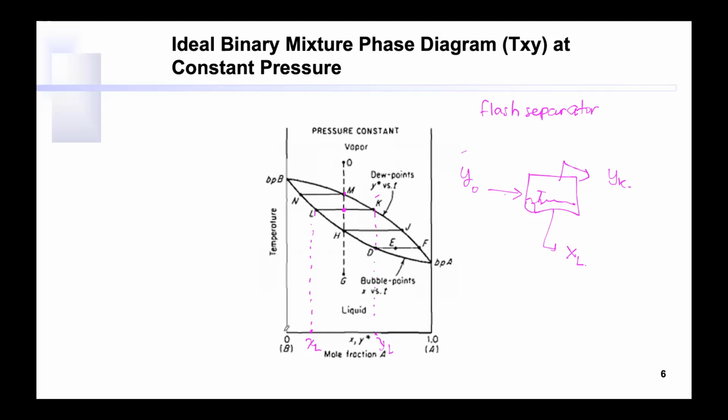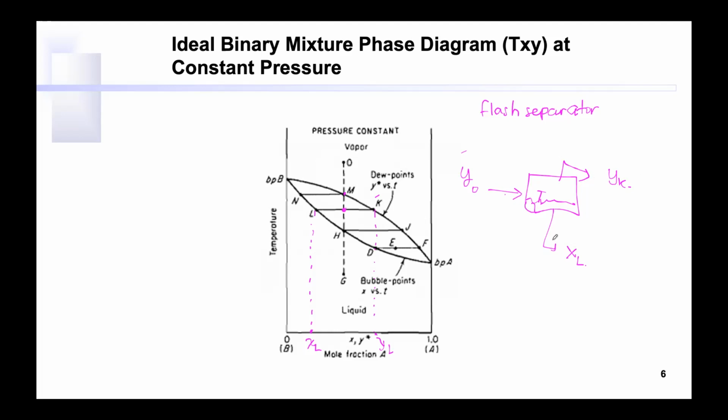So between 0 and 1, maybe this one is somewhere around 0.6. So if you add them up, it will be 1, right, Bu? The YL and XL. No, it won't be 1. Why is that, Bu? Very good question.